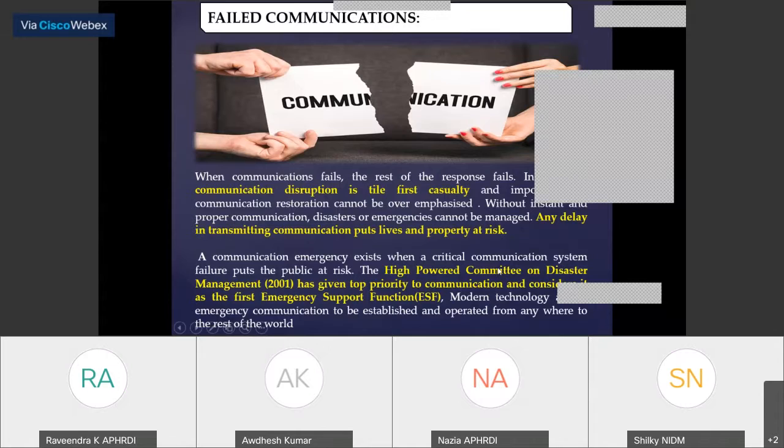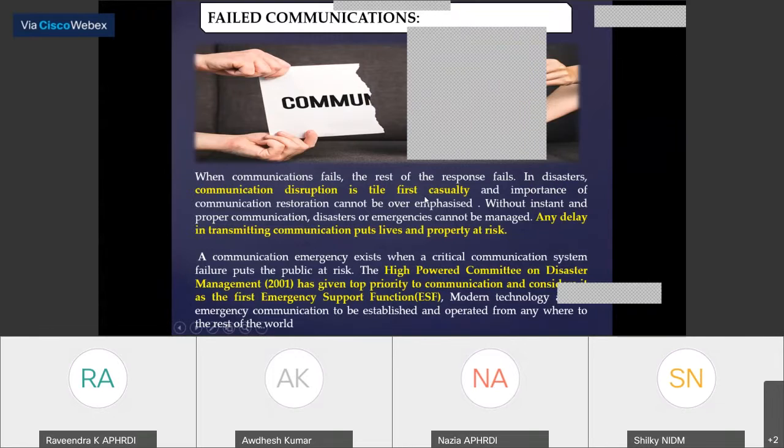As per the high powered committee on disaster management set up in 2005, top priority is given to communication, considering it the first emergency support function, ESF. If communication fails, the rest of the responses will automatically fail. Any delay in transmitting communication puts life and property at more risk.